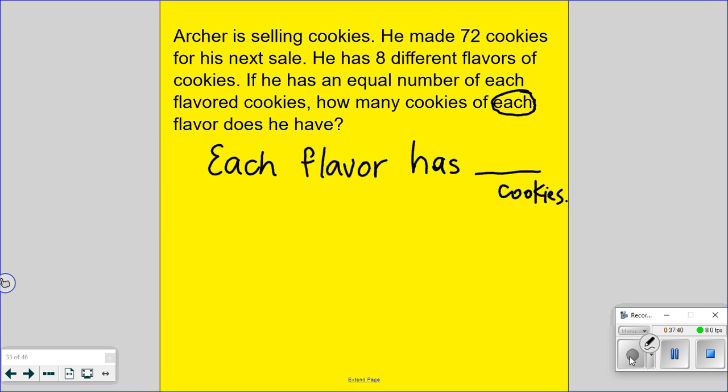What would be a really bad answer to this problem? It doesn't make sense. Emma? 1. Why is 1 a really bad answer? Because they're selling 72 cookies. He's got 72 cookies. Would it make sense that he only has 1 of each flavor? No. 1 is a really bad answer.